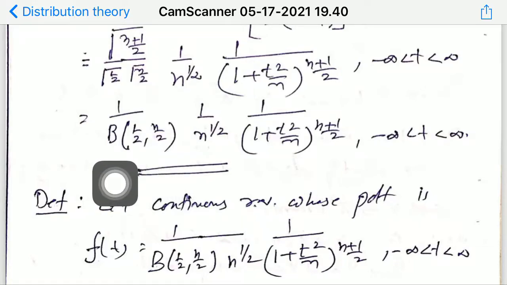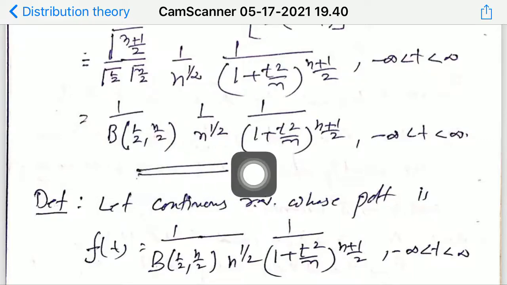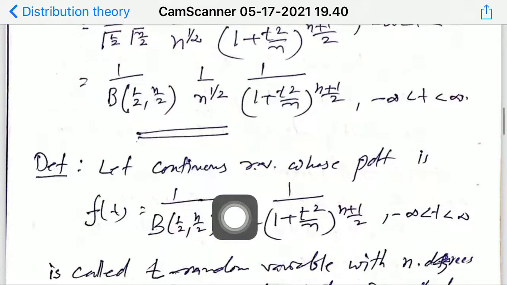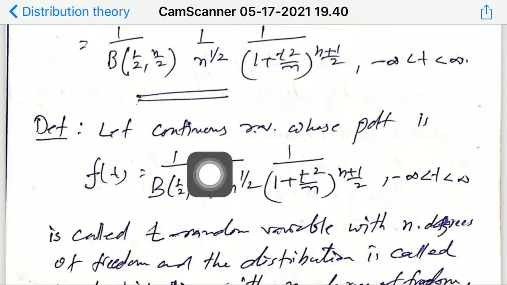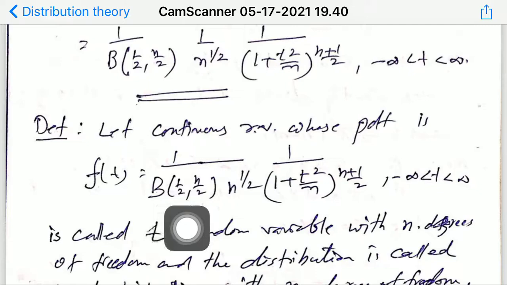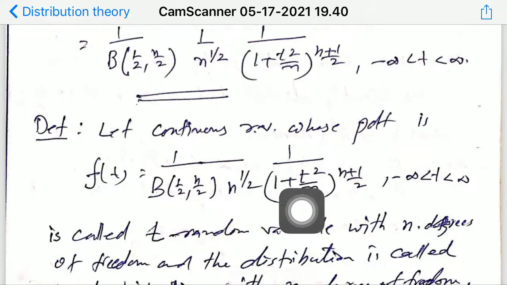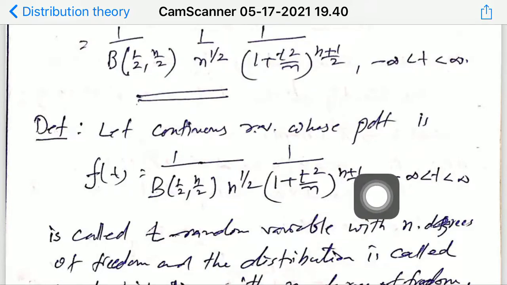A continuous random variable t is said to follow a t distribution with n degrees of freedom if its PDF is f of t equal to 1 divided by beta of 1/2, n/2, times n to the power of 1/2, times 1 by 1 plus t square by n to the power of (n plus 1)/2.